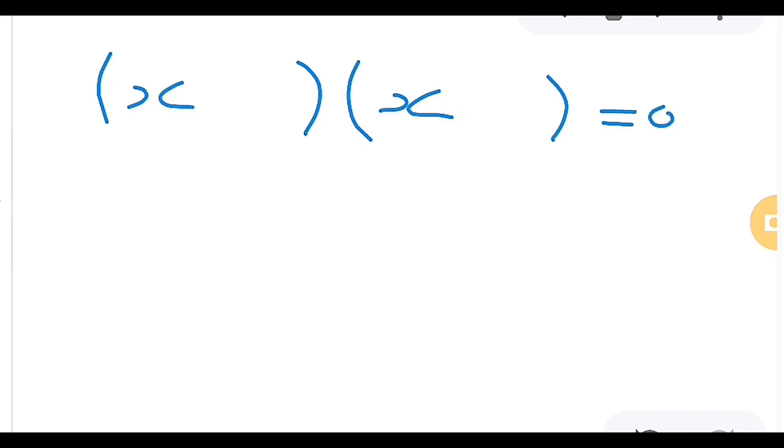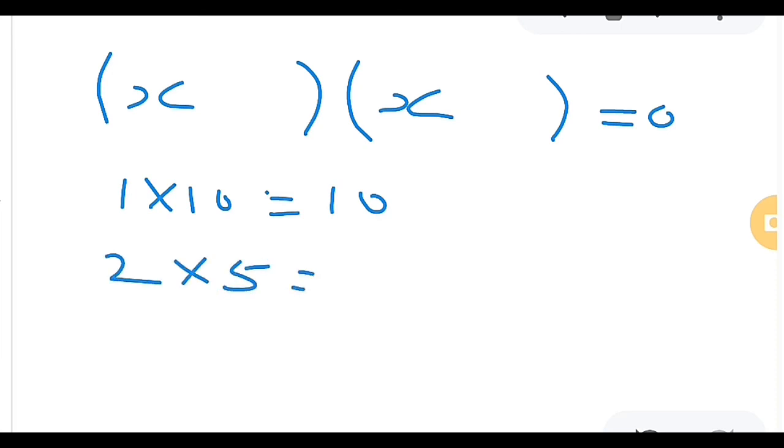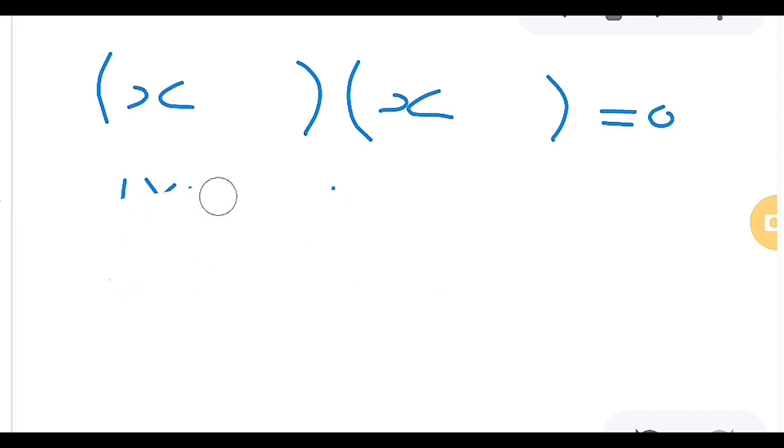The factors of 10 that we have: 1 times 10, but when we add we don't get 7, we get 11. Then 2 times 5 will also give us 10. When we add these two factors we get 7. So we take the factors 2 and 5.